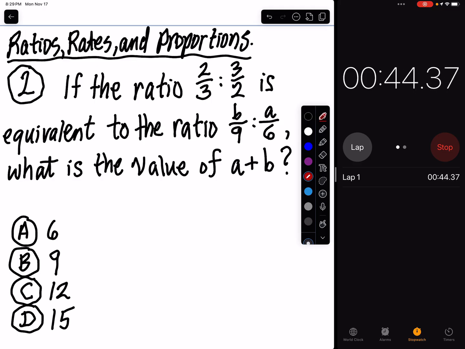So again, this problem says if the ratio 2/3 to 3/2 is equivalent to the ratio b over 9 to a over 6, what's the value of a plus b?